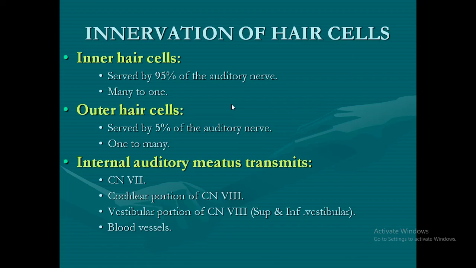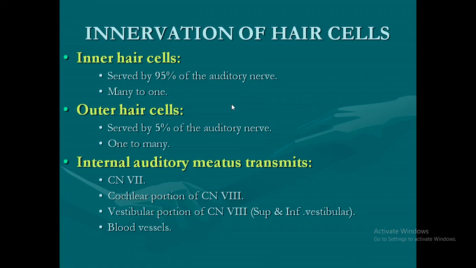Mainly inner hair cells are innervated by the auditory nerves, and this happens in 95% of the cases, and outer hair cells are innervated by the auditory nerve in only 5% of cases. So the major difference between the two types of hair cells is that the inner hair cells are arranged in a single row, but outer hair cells are arranged in either 3 or 4 rows, and the number of outer hair cells exceeds that of inner hair cells.